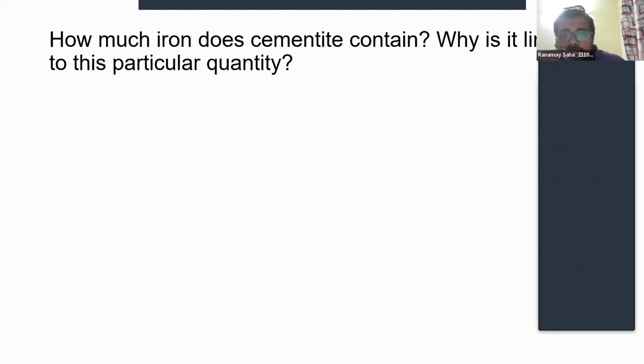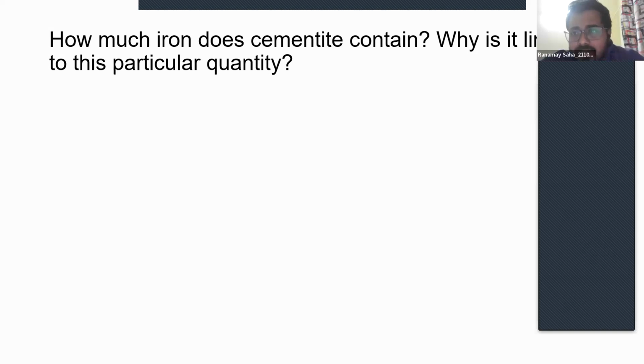Okay, but why is it so? Why is the phase diagram limited to that particular percentage of carbon? Sir, if the alloy exceeds that amount of carbon, then the material cannot be used for any engineering application. Why so? It becomes very brittle. With the increase in carbon content, the material becomes brittle.